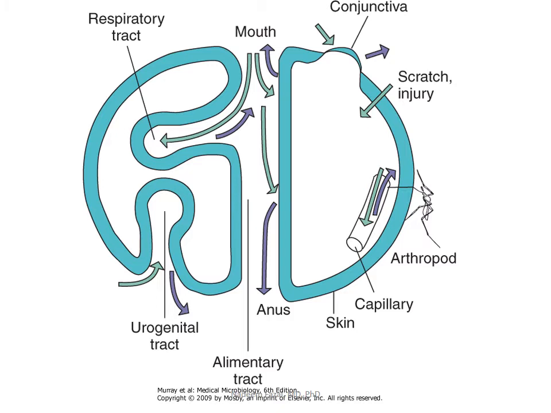So this slide would suggest to you that for bacteria, portal of entry is important, where the bacteria is entering from. Especially, yesterday I said Neisseria gonorrhea. So the portal of entry is sexual transmission, right?